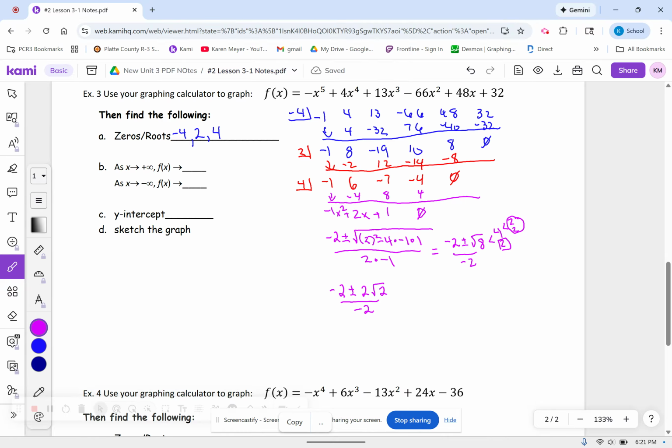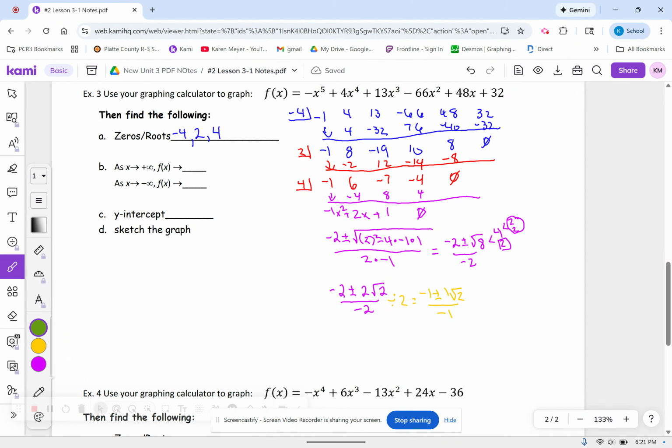And then all of these outside numbers are divisible by 2. So then I would have negative 1 plus or minus 1 square root of 2 all over negative 1.